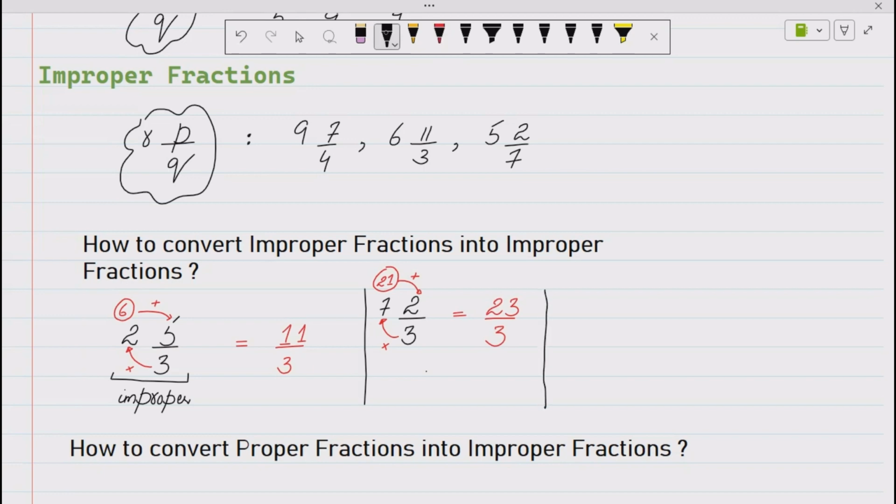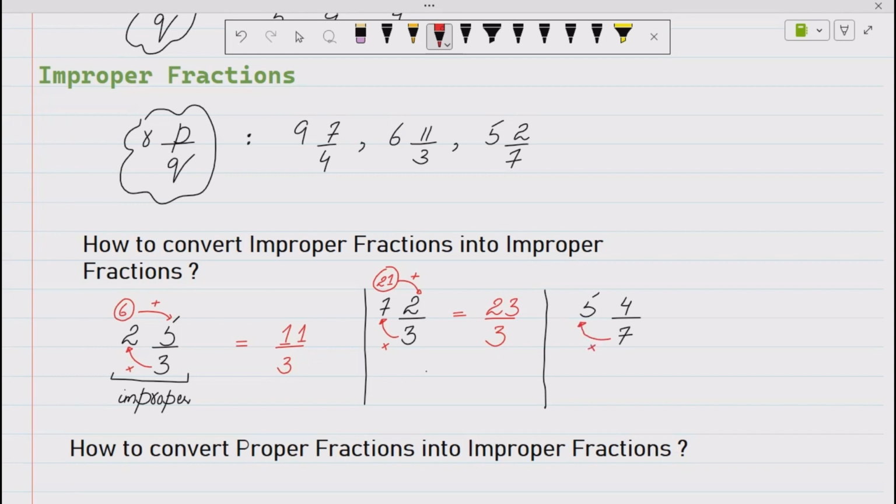Let's see another example, 5 4 upon 7. Since this is also an improper fraction, to convert it into a proper fraction, first multiply the denominator with the constant factor.